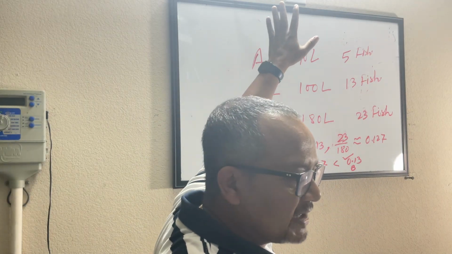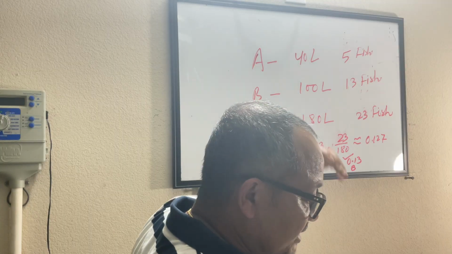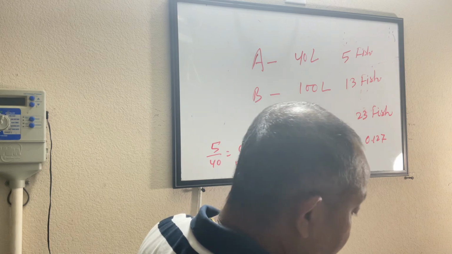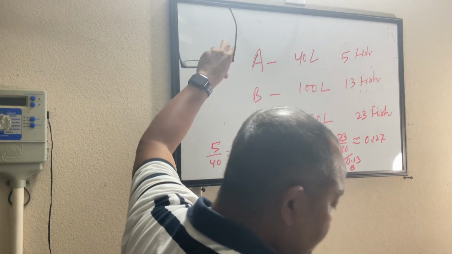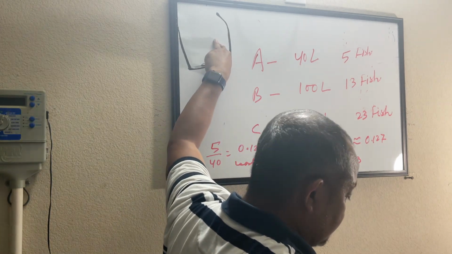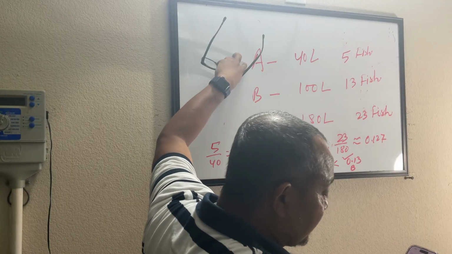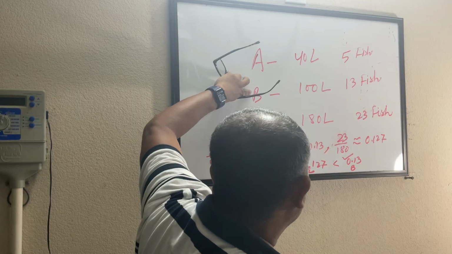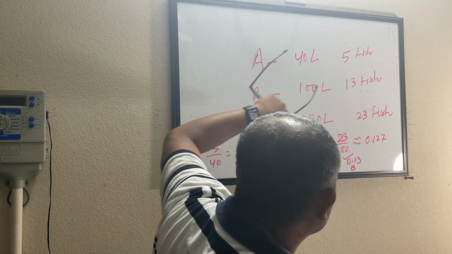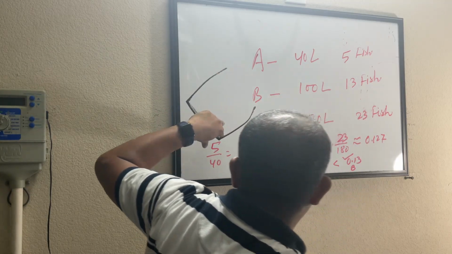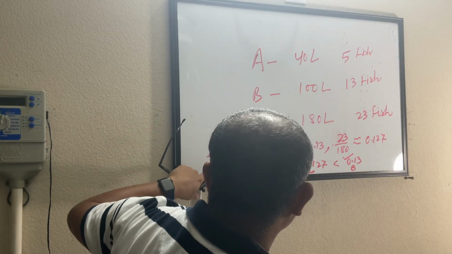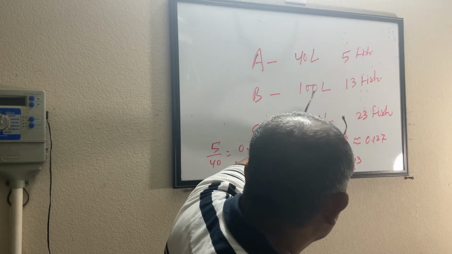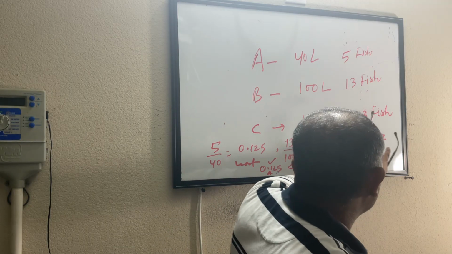Before I let you guys answer this one, I am reading the question one last time. It says 3 fish tanks hold different volumes of water and different number of fish. Tank A holds 40 liters of water and 5 fish. Tank B holds 100 liters of water and 13 fish. Tank C holds 180 liters of water and 23 fish. And this is her work. 5 over 40, 0.125, 13 over 100, 0.13, 23 over 180, nearly equal to 0.127.